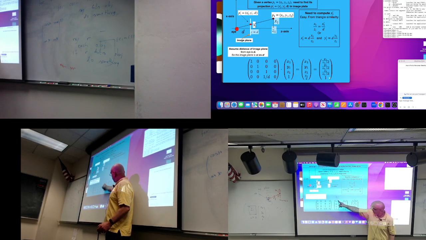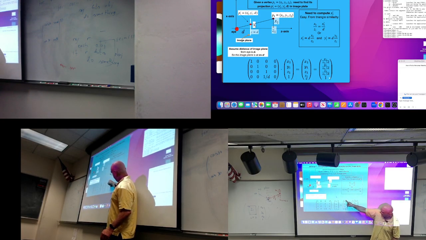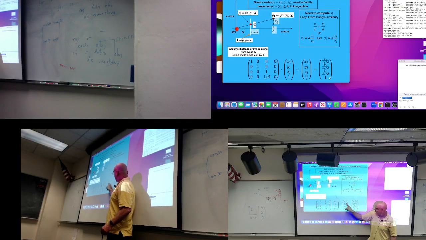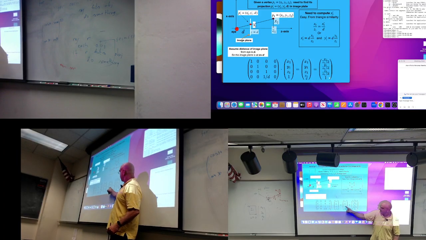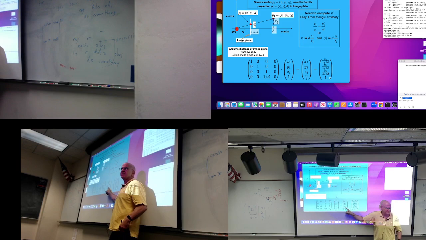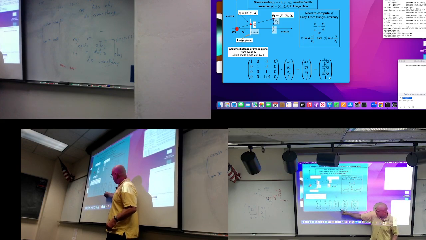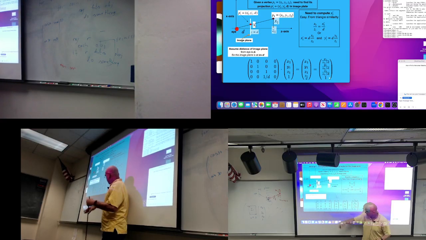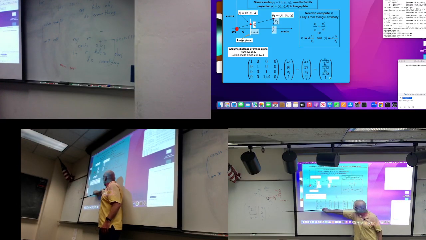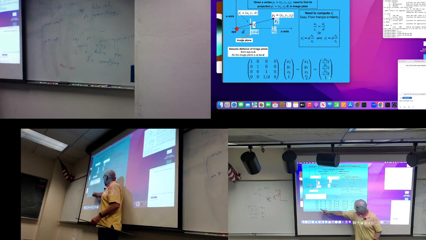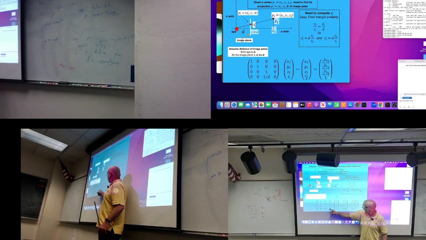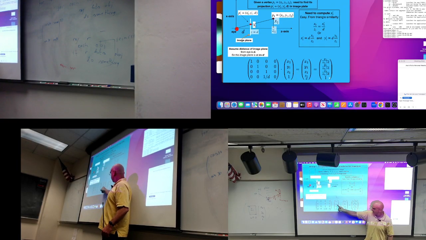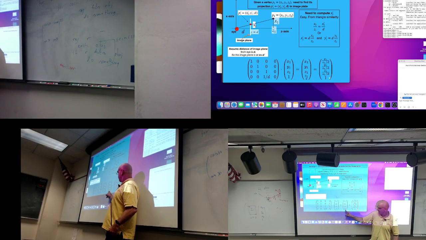It will be x1 times 1, y1 times 1, z1 times 1. So far I did absolutely nothing. And the last parameter is this row, 0, 0, 1 over d, 0, times x, y, z, 1, giving me z over d.